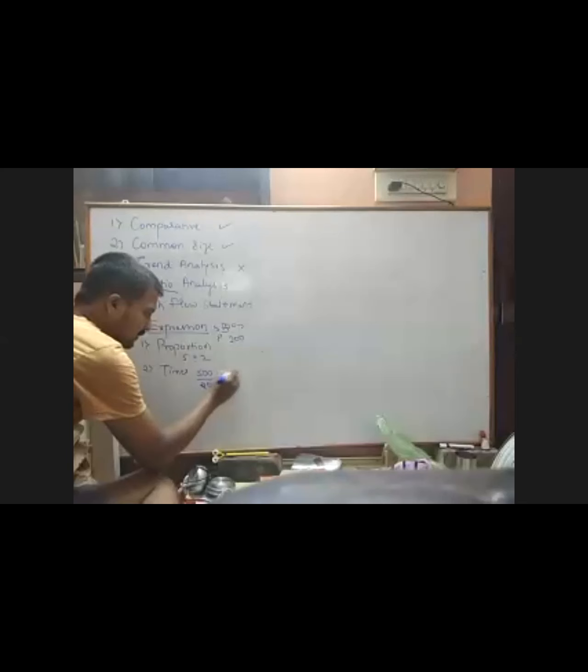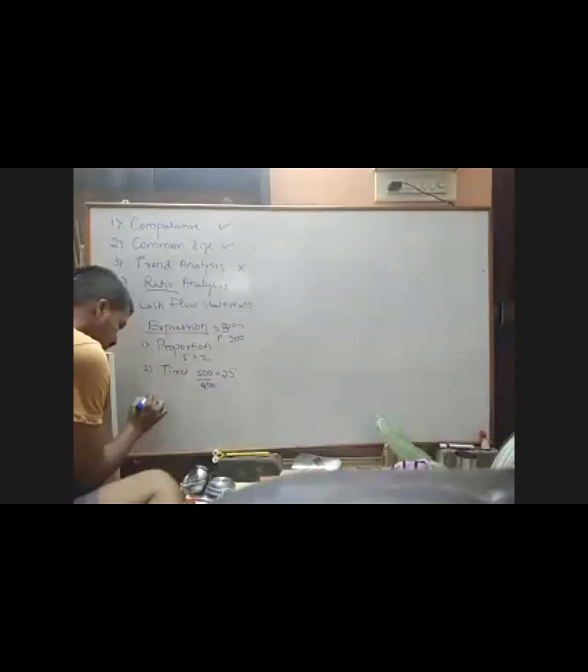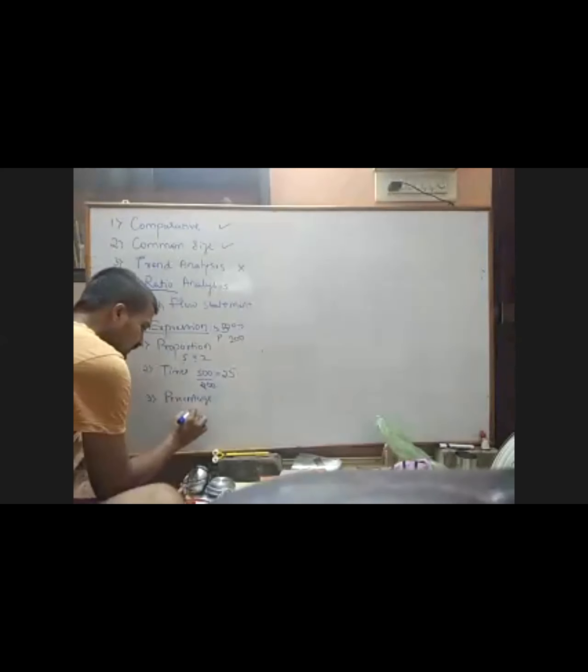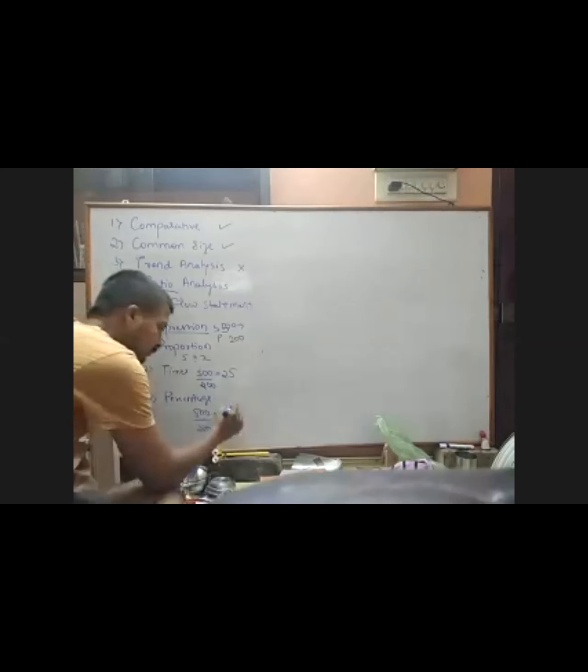Then the last way is in the form of percentage. How it will be done? Same way. The 500 will be divided by 200, but it will be multiplied by 100, so that we can write in the form of percentage.